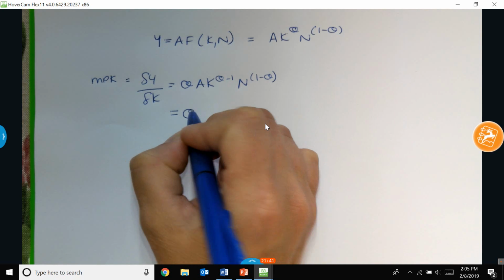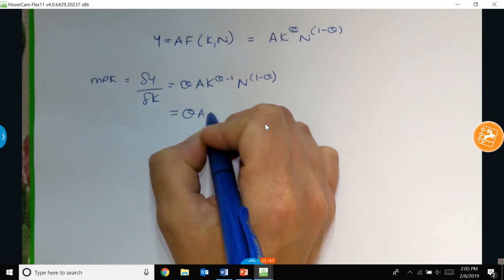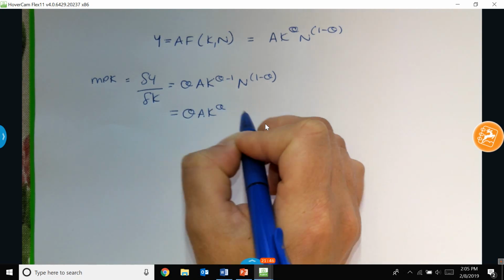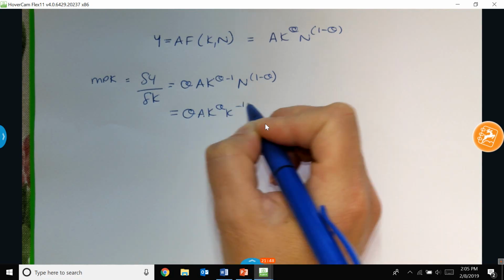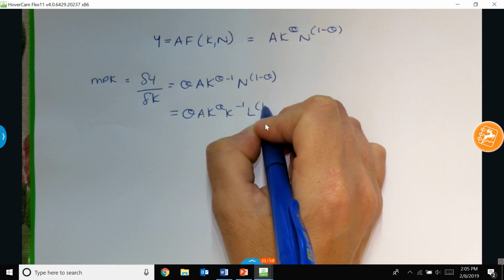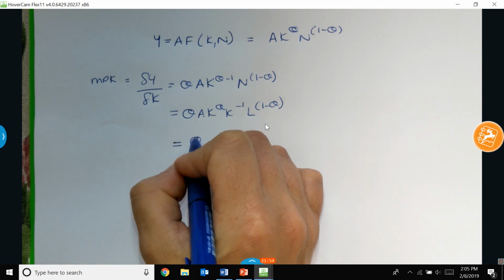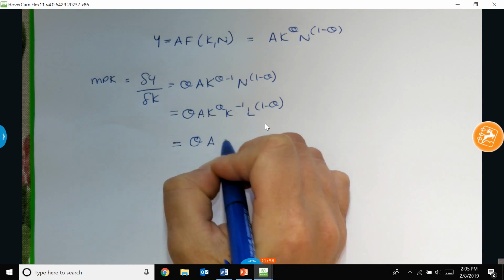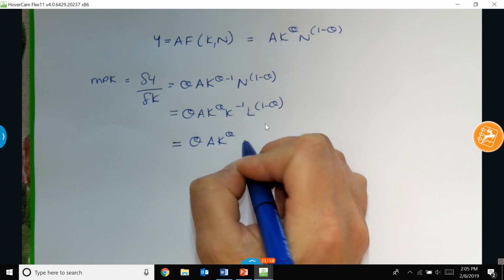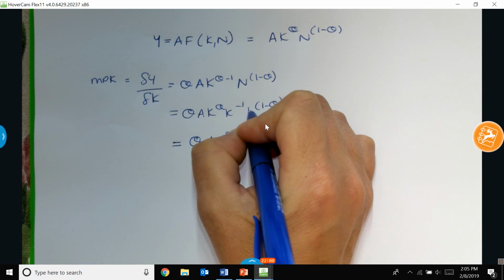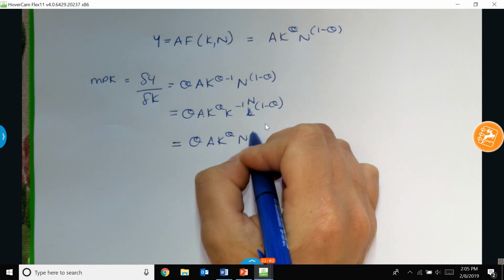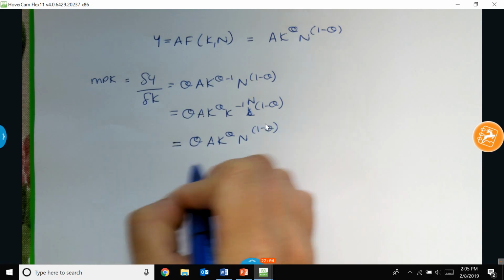So we continue through and we have K^(theta minus 1) L^(1 minus theta), and that is equal to theta A K^theta N^(1 minus theta).